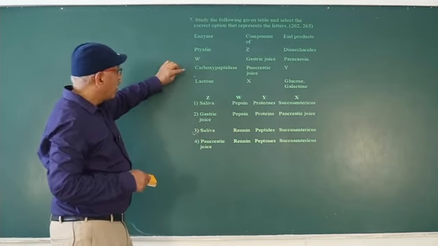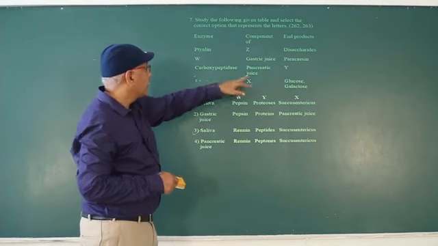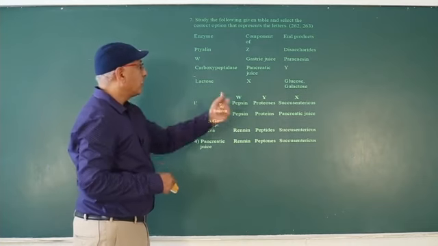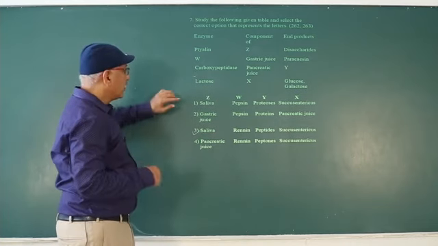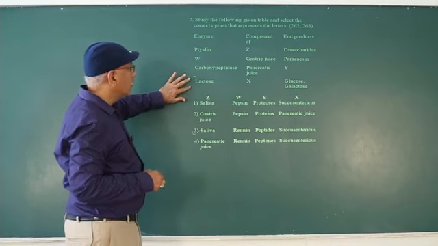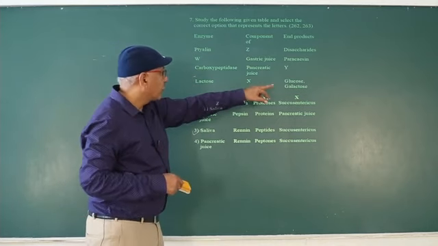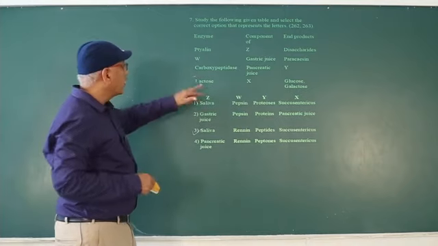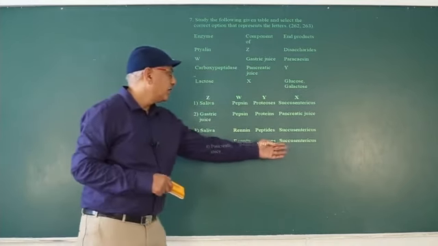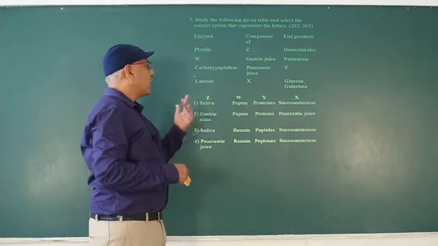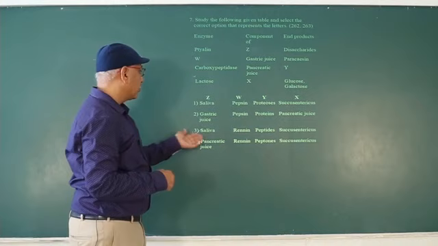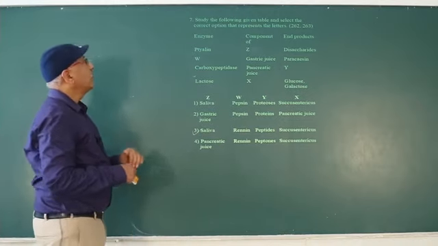Next, carboxypeptidase enzyme is present in pancreatic juice and the product is peptides, so Y is peptide. Next is lactose, converted into glucose and galactose. Lactose is a component of succus entericus, the intestinal juice, and is converted into 1 molecule of glucose and 1 molecule of galactose. So the answer is 3.